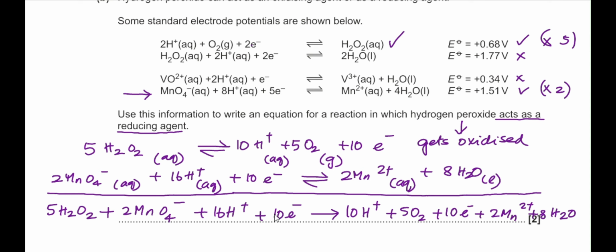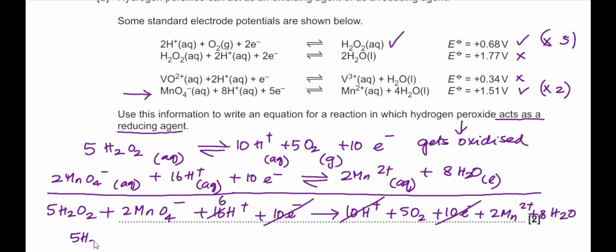Cancelling terms which are the same on both sides, the electrons cancel, and we have 16H⁺ here and 10H⁺ here, so we can cancel the 10H⁺ and write this as just 6. Then, combining them together, we get the overall equation.